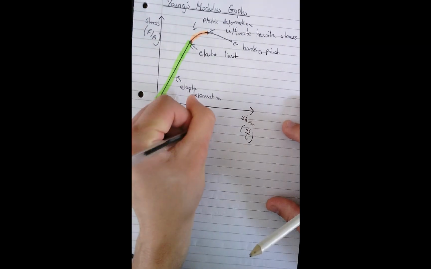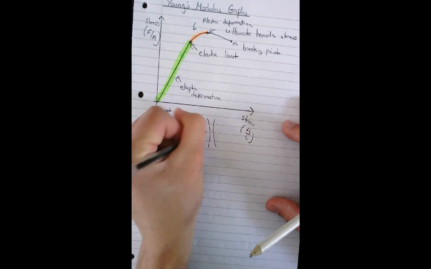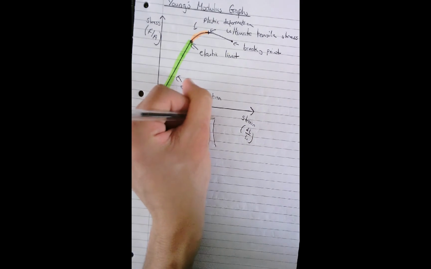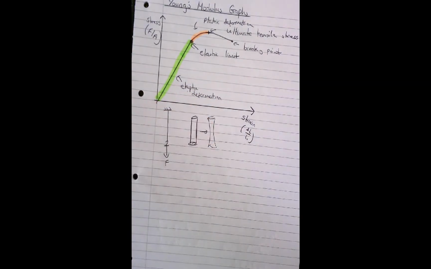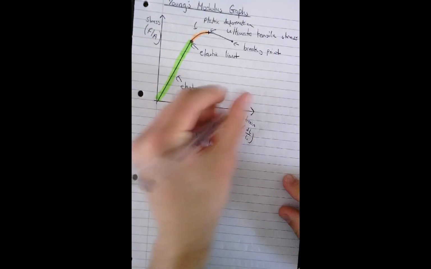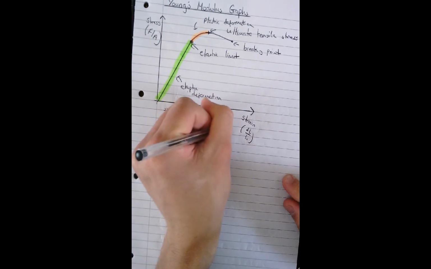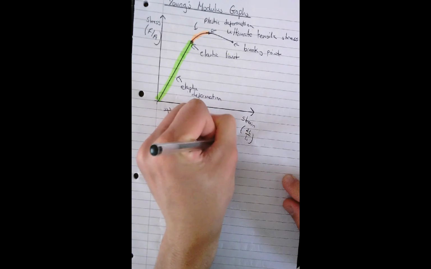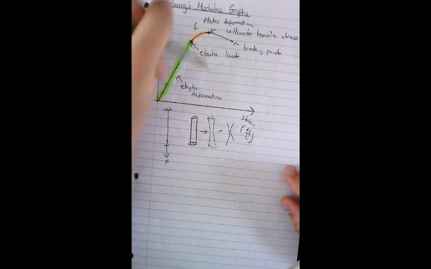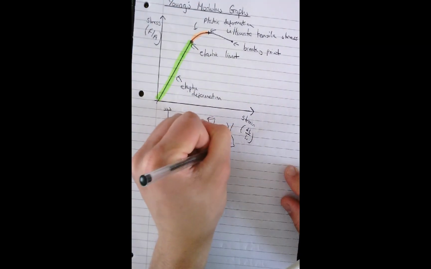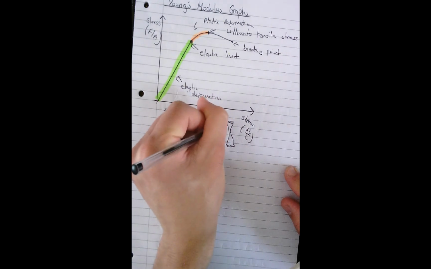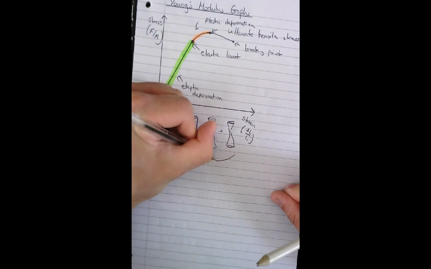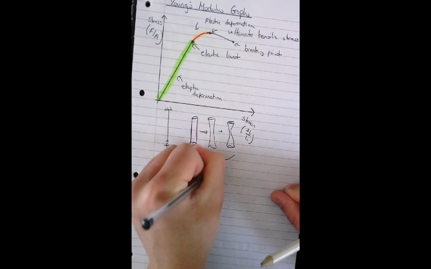So up to its breaking point, it goes from being this sort of uniform cylindrical shape to a shape where it's actually beginning to narrow a bit. And what happens is that narrowing increases until the material breaks. That's what's happening in that region of the graph. I've never seen this tested in the exam, but this process is creatively called necking.